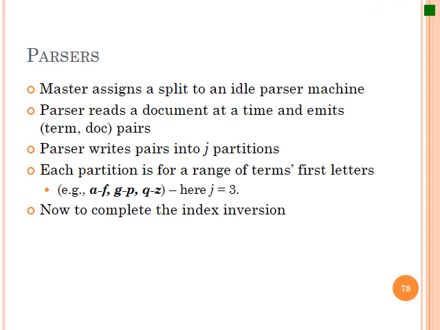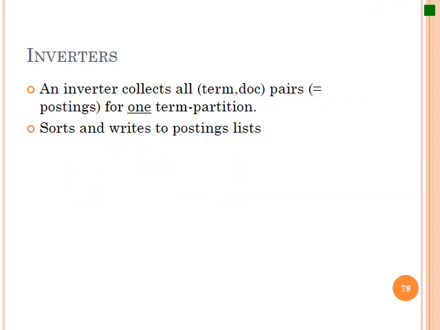The purpose of dividing into partitions is to promote parallelism, so that the inverter can collect the pairs from different term partitions, sort them, and write to the posting list. That's what the inverter does.